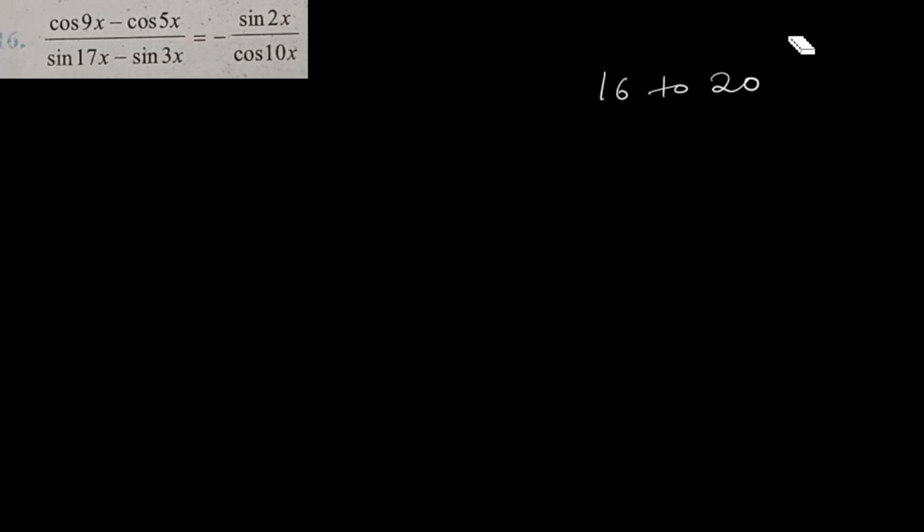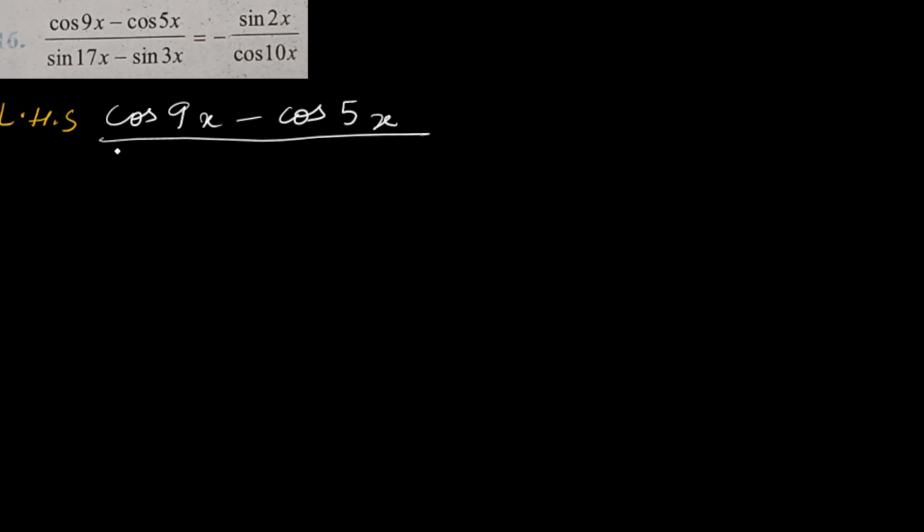Left hand side is cos 9x minus cos 5x by sine 17x minus sine 3x. I have to solve this and prove it equals to minus sine 2x by cos 10x. So I'll just remind you a few formulas which we have done.